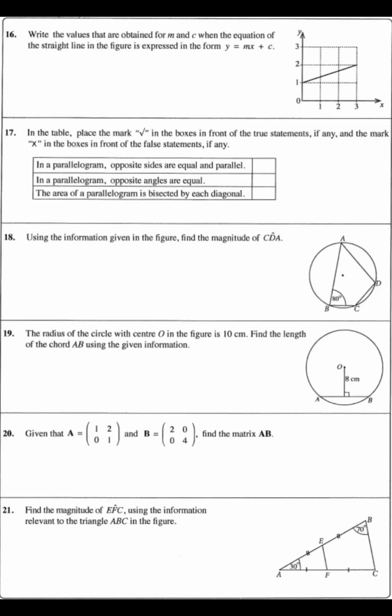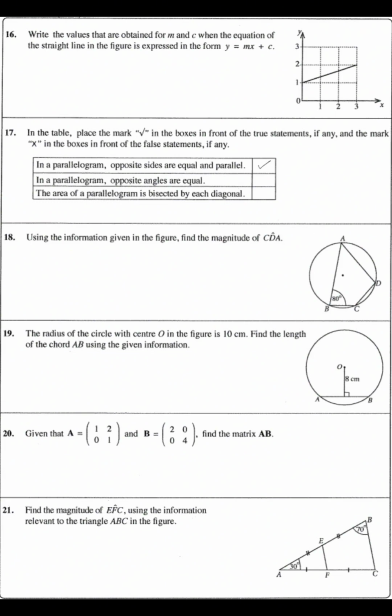17th question: in the table place the mark correct in the box in front of the true statement, if any, and the mark x in the box in front of the false statement, if any. First one, in a parallelogram opposite sides are equal and parallel. Yes, we know that, that is correct.